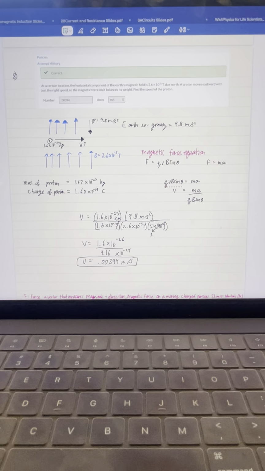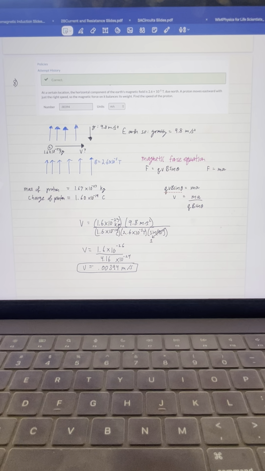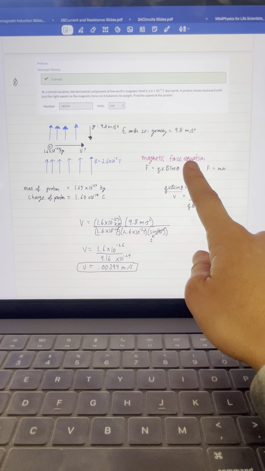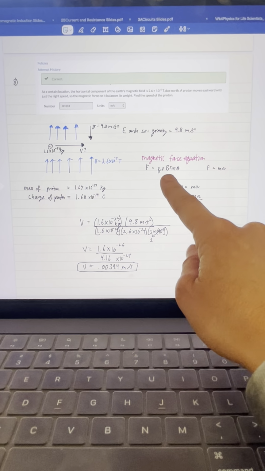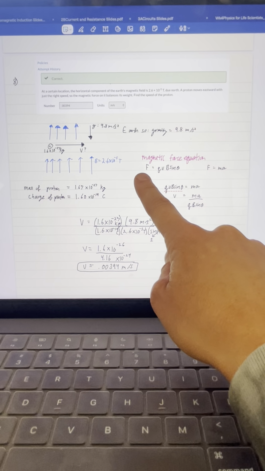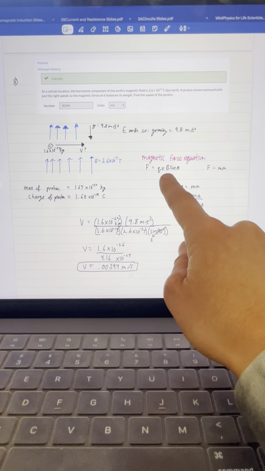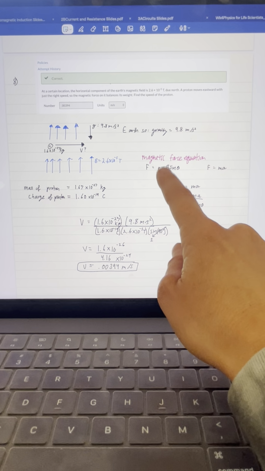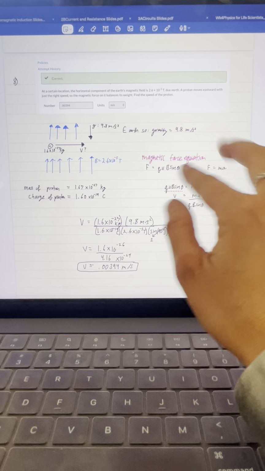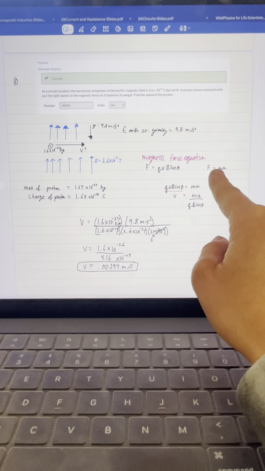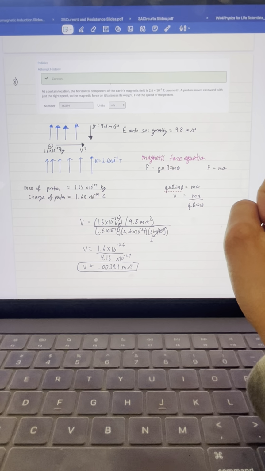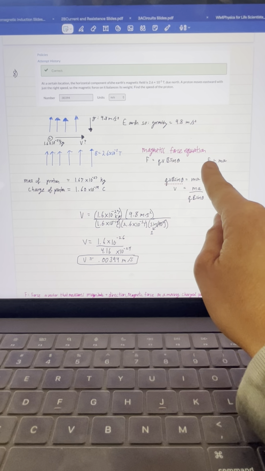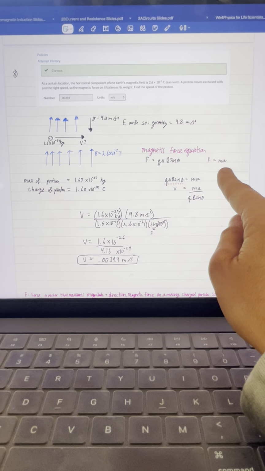So for this problem, I knew that I needed to use my magnetic force equation because it is asking us to find velocity, and this equation has velocity in it. It has our force and our B, the magnetic field. First of all, force is equal to mass times acceleration, so I plug the magnetic force expression in for force in my force equals mass times acceleration equation.